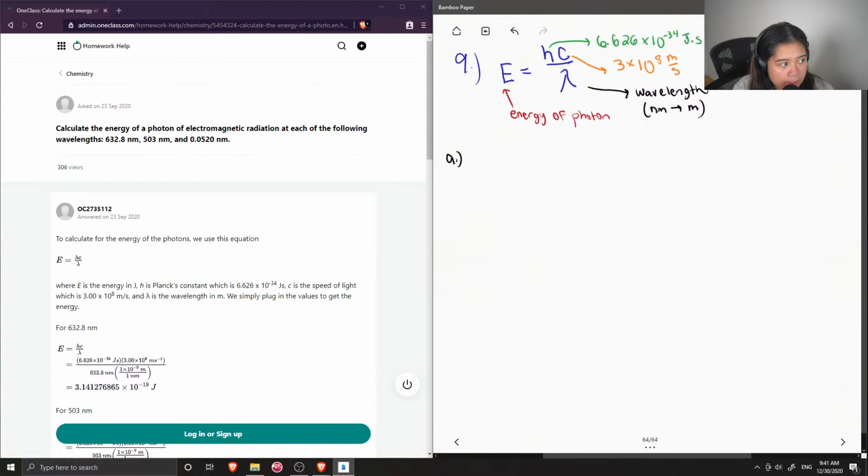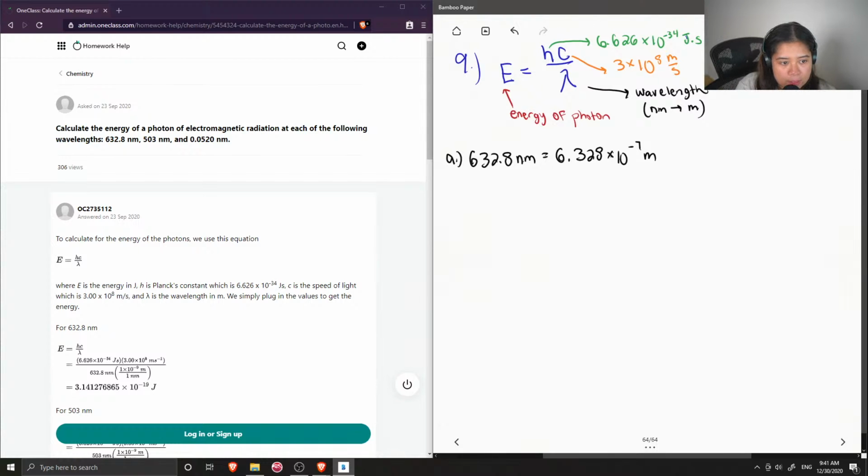So starting with A, we have 632.8 nanometers. And this is equal to 6.328 times 10 to the negative 7 meters.